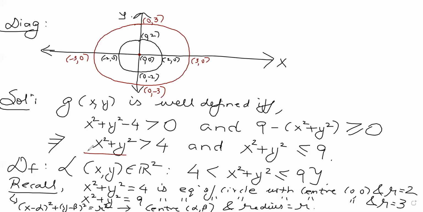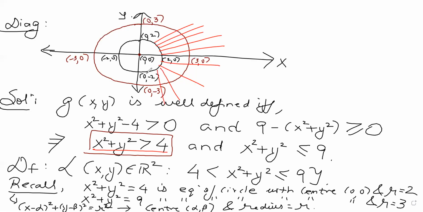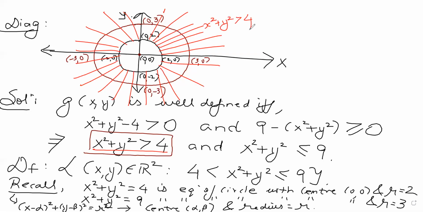X square plus y square strictly greater than 4 would mean shading will be outside the smaller circle. X square plus y square greater than 4 means shading is outside the smaller circle. All the red shaded area you can see. This is the shaded area for x square plus y square strictly greater than 4.